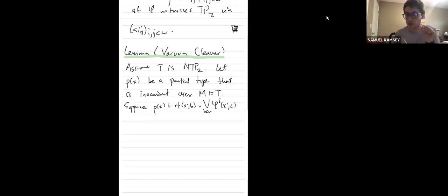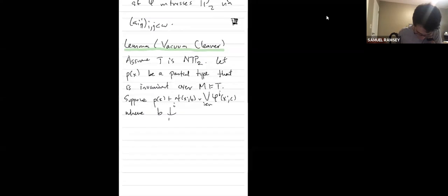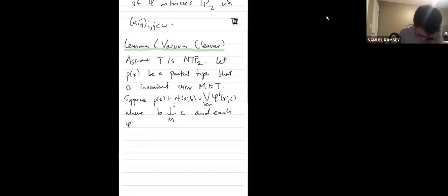These all have the same parameter, which is called c, where b is invariant independent over M with c, and each phi^i(x, c) divides over M. So you have a kind of funny situation.